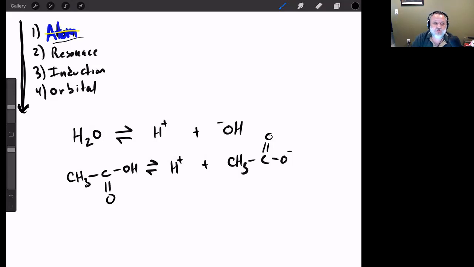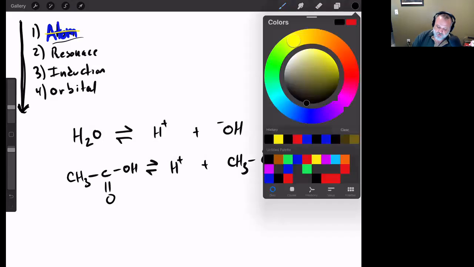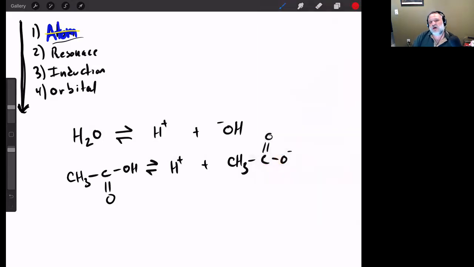And at this point, I want to consider the resonance structure. So are there resonance structures in the conjugate base? Remember that in general, a species that exhibits resonance and thus has delocalized electrons is more stable than one that doesn't.